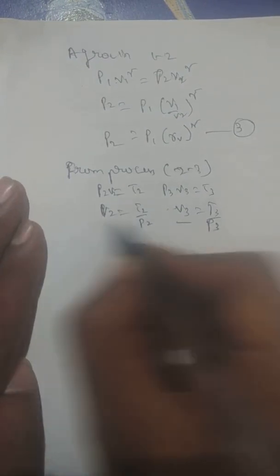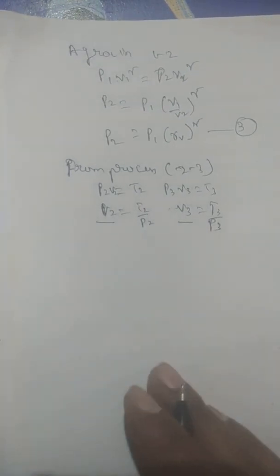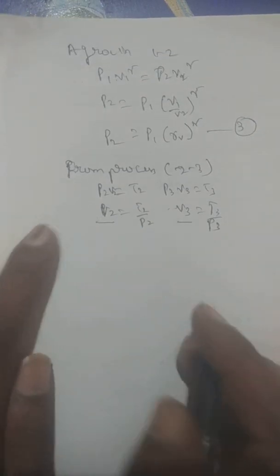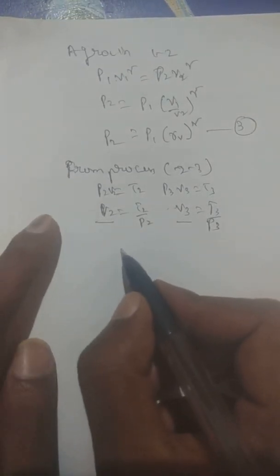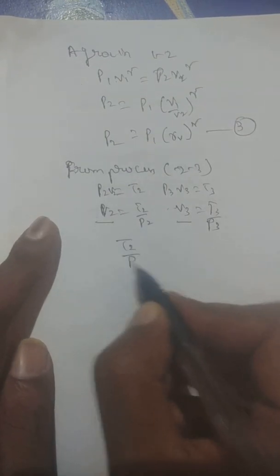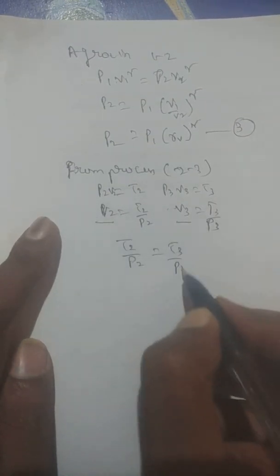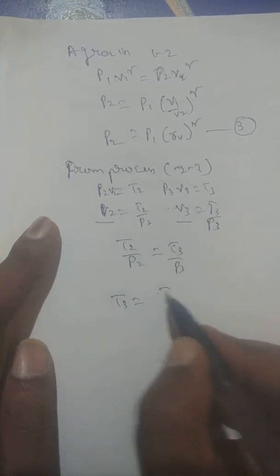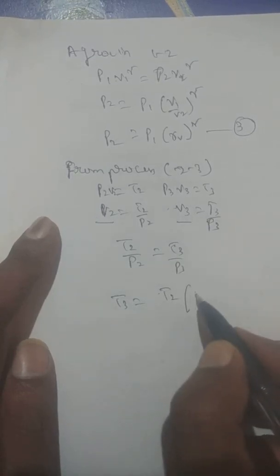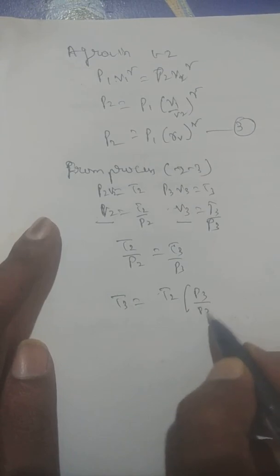So V3 and V2 both are same. So we can equate these two equations and take in terms of only one term. If you equate T2 divided by P2 and T3 divided by P3, and take T3 on the one side and remaining terms on the other side, what happens? P3 divided by P2.